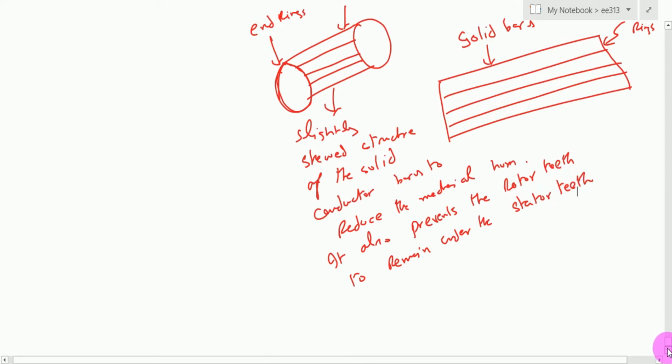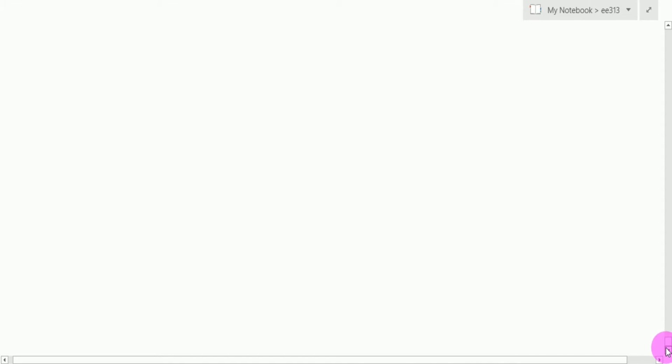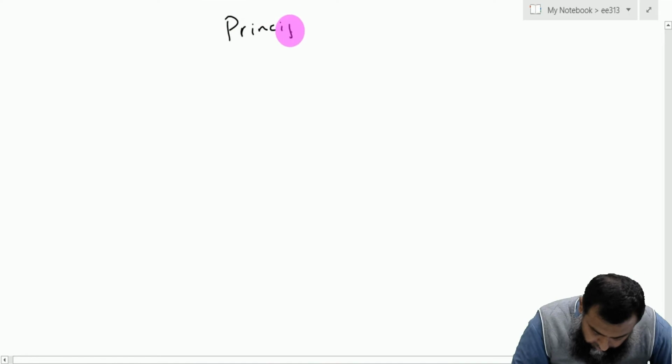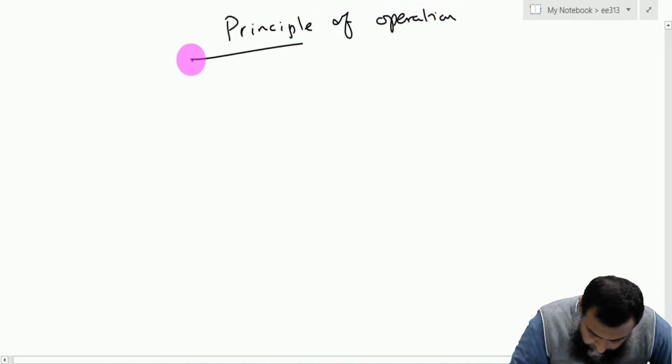So now that we have an idea about the stator winding, let us move further to discuss the principle of operation of an induction motor.